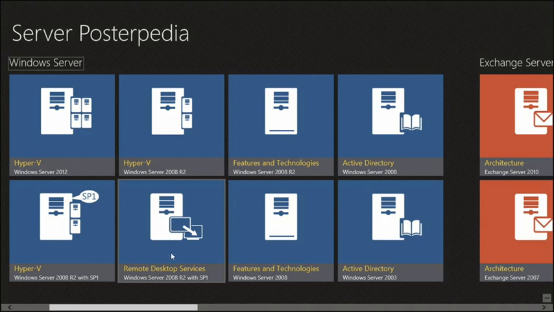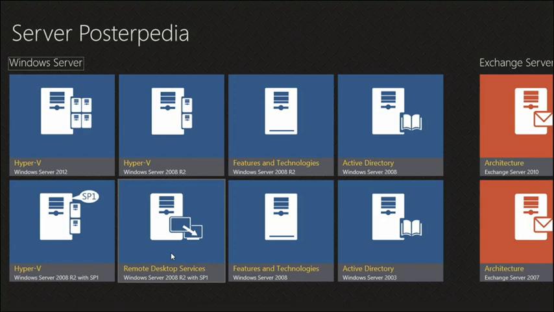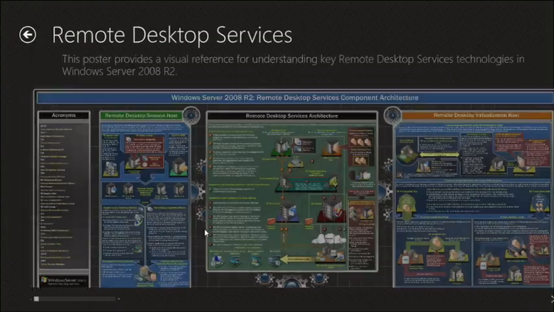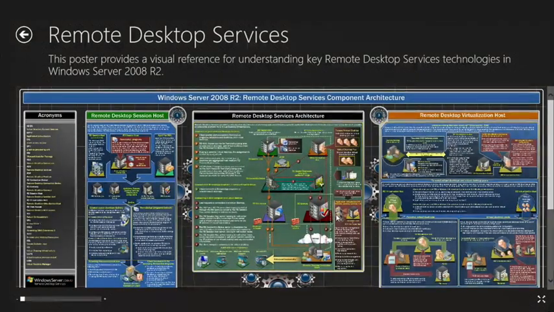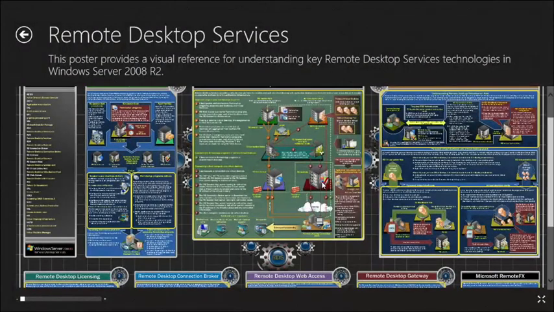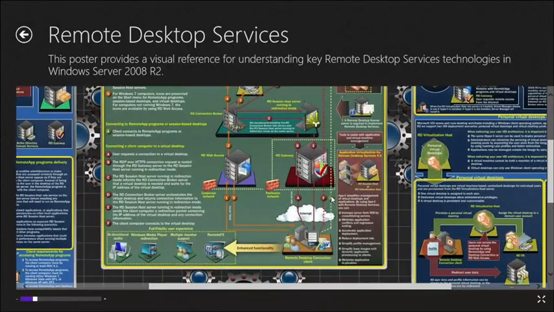Well, here's Remote Desktop Services, but there's also Hyper-V, 2012, 2008 R2 with SP1, features and technologies for Windows Server, Active Directory. So there's a lot of different technologies that are represented here. Let's go into remote desktop architecture here. Let me blow this up a little bit.